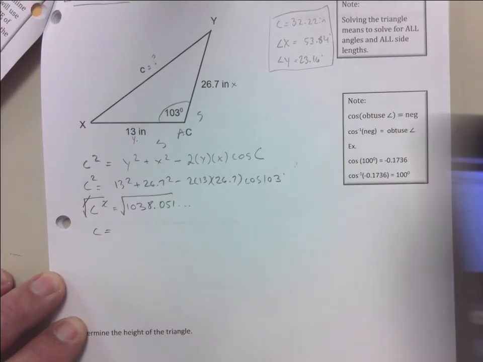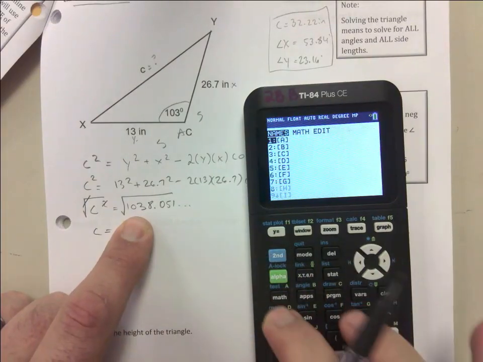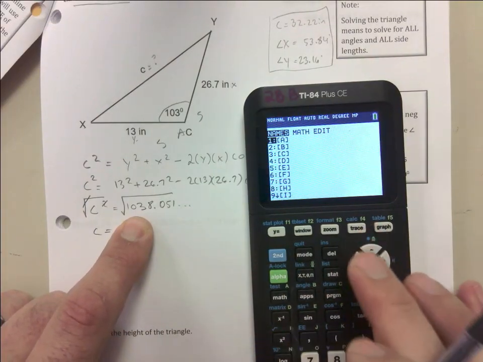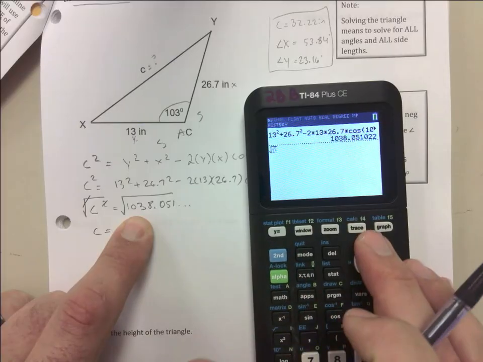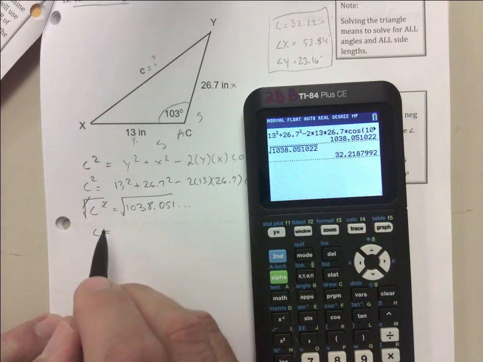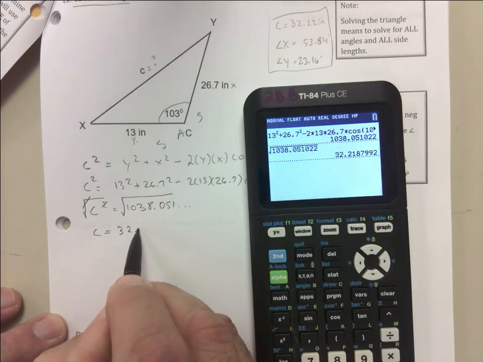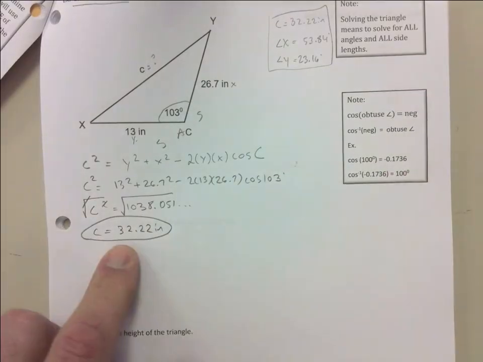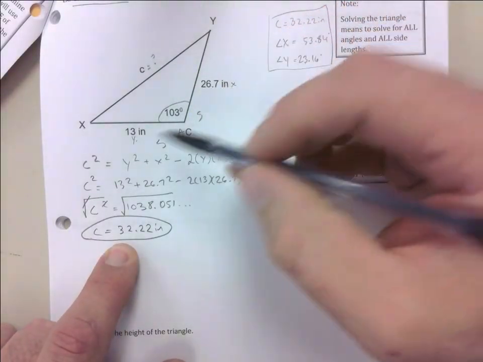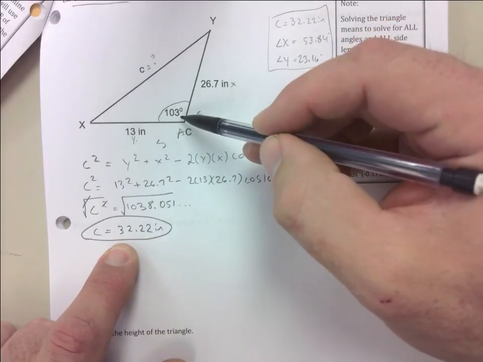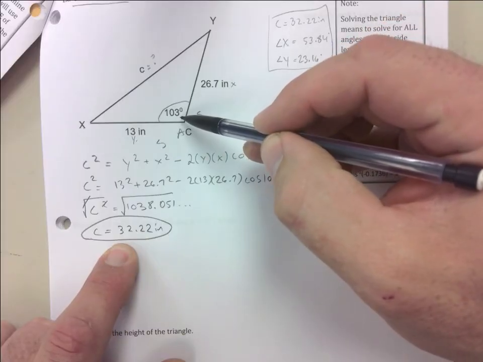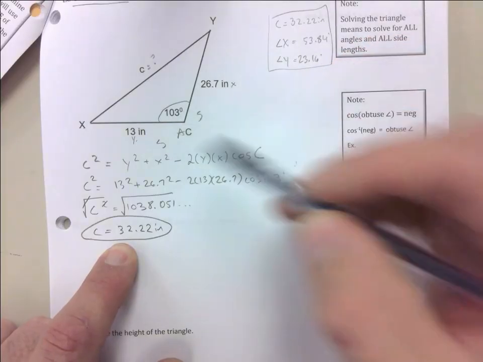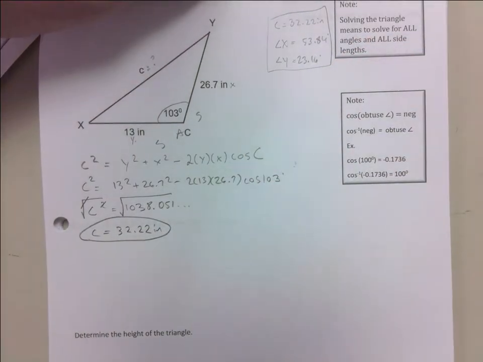So you're taking the square root of that side. Okay, so that's 32.22 inches is that side C there, which is the longest side, which makes sense because it's across the largest angle. So that's something that I would want you to observe.